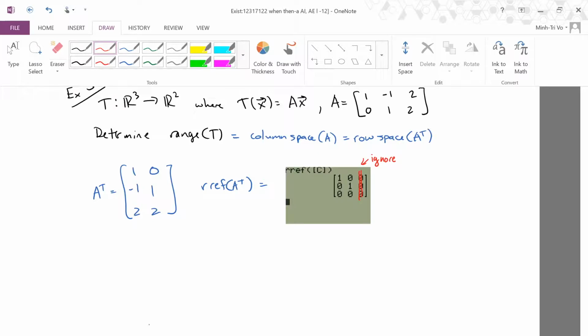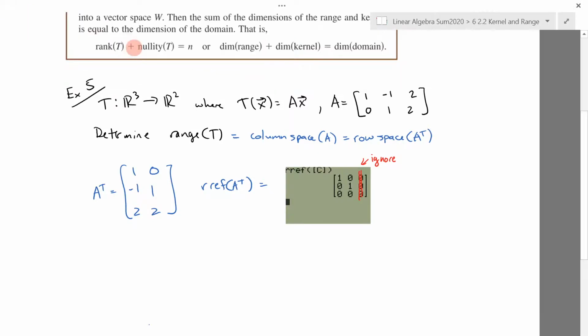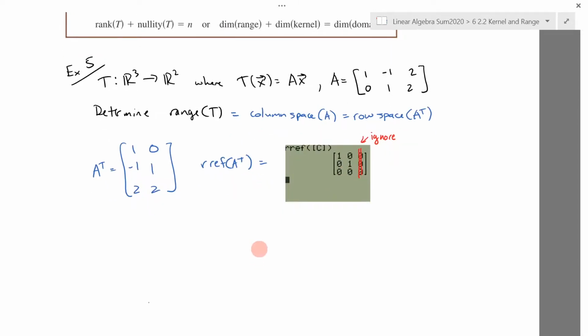Okay, so here the non-zero rows are the basis vectors.